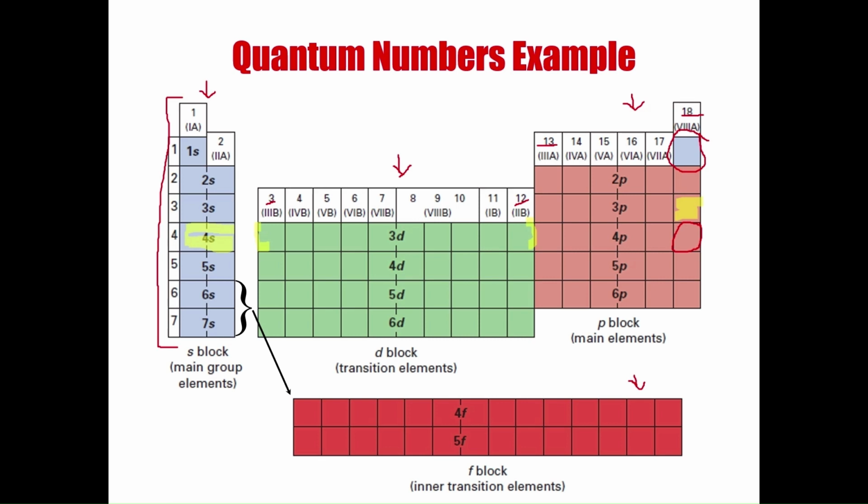And the reason being, if you look again, we finished filling argon at the end of the 3p block. But before we can get to the d block, we need to fill this s orbital in the fourth energy level. And so that's why we actually have to jump from the 3p to the 4s before we can get to the 3d.